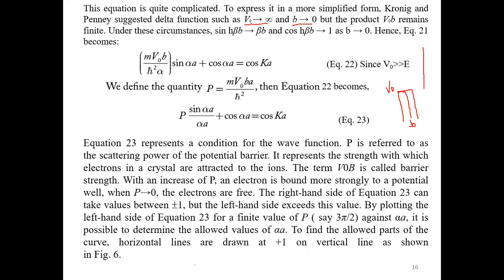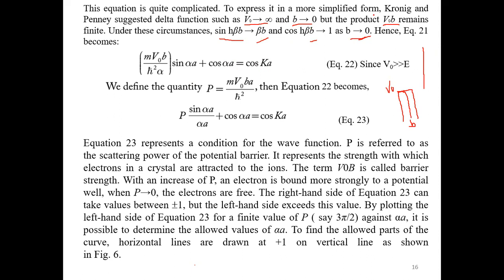So you can choose V0 as infinity and b as 0. However, the product V0 b is actually finite. In that case, sinh(beta b) will be beta b, and cosh(beta b) will be 1 as b tends to 0.